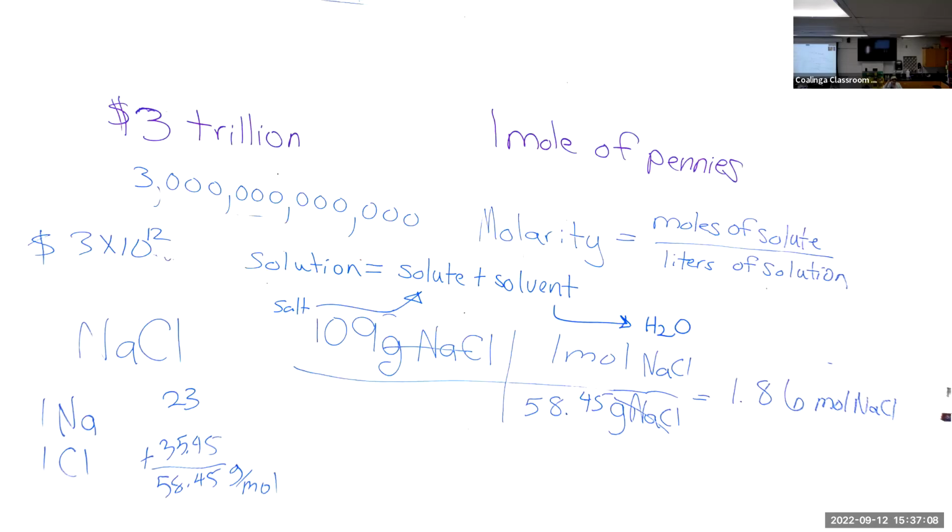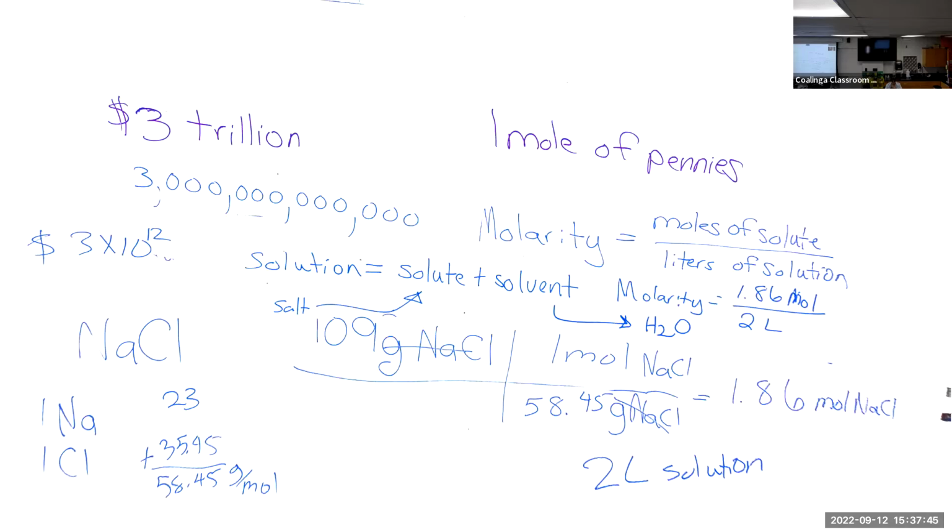Okay, so if we're talking about a liter of solution, it's all of it together, right? So if I say that I'm going to put this into 2 liters, I'm going to put a 2-liter solution. If we wanted to calculate its molarity, molarity is going to equal 1.86 moles per 2 liters.